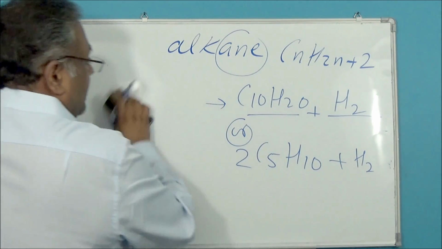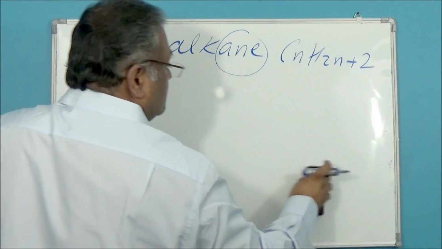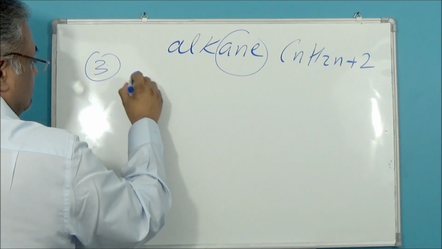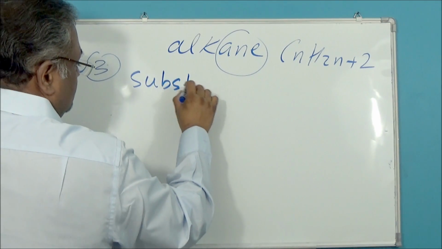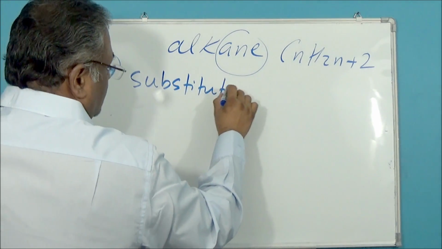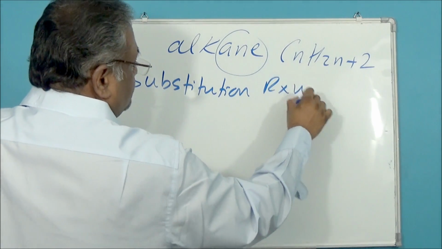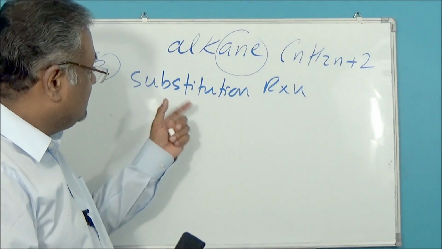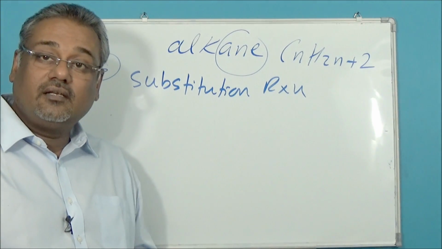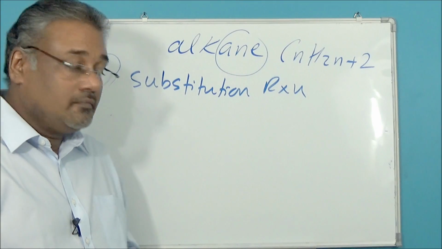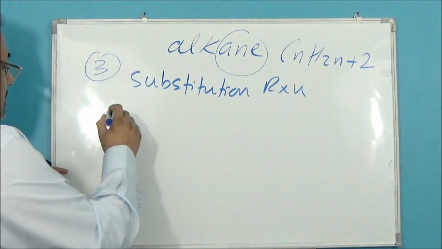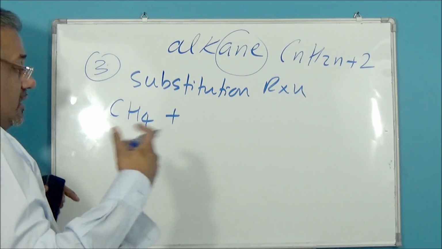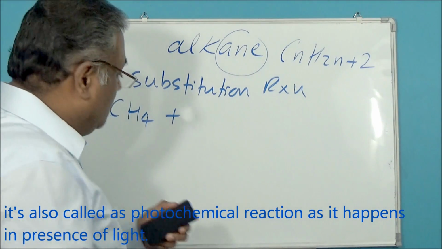Now, the third reaction shown by alkanes is called the substitution reaction. In your advanced classes at AS level, you will actually study this reaction as free radical substitution. Now this reaction is between alkanes such as CH4 and molecules such as chlorine.